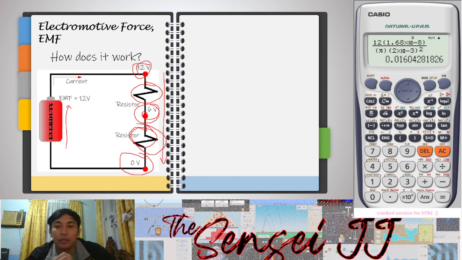We don't have any formula here for electromotive force, but I hope you guessed that our EMF is equivalent to 12 volts, and that will be part of our terminologies. Maybe we can also use the term electromotive force in our problem solving. As you can see, it is the other term for our power source.